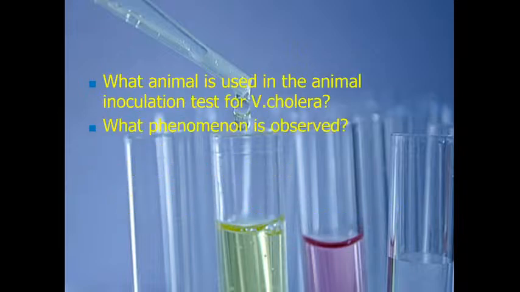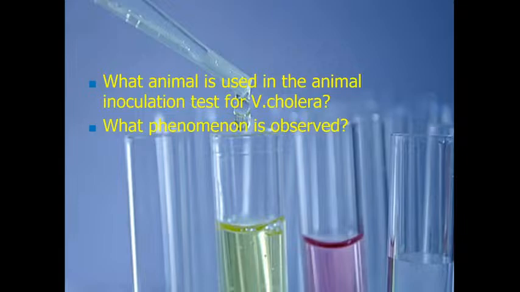Now let's talk about animal inoculation again. Why do we always have animal inoculation? Well, basically, that's part of microbiology. So please don't forget that when you're doing animal inoculation tests for Vibrio cholerae, you need to use an immunized guinea pig.